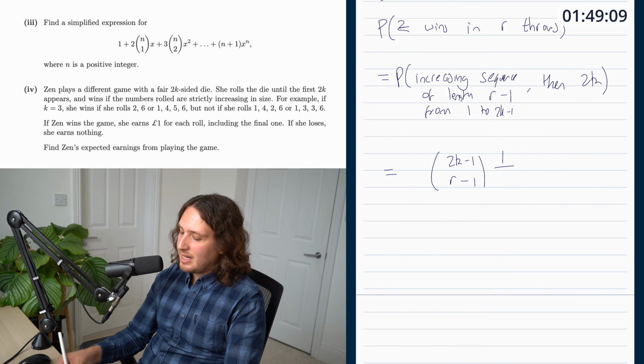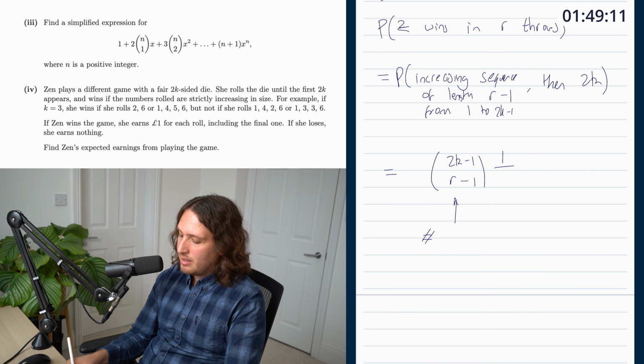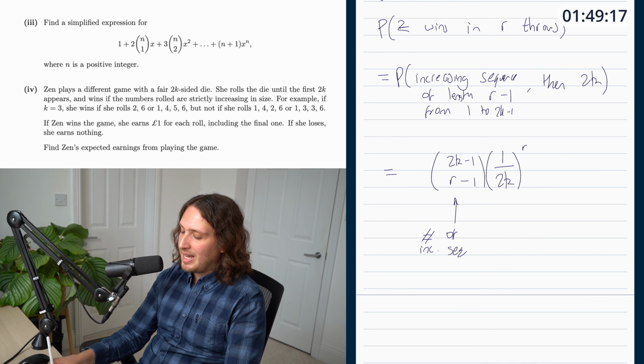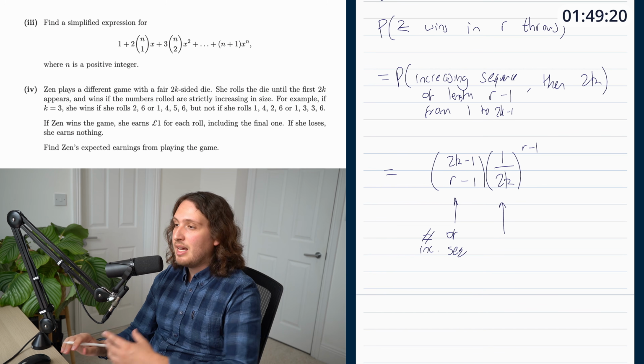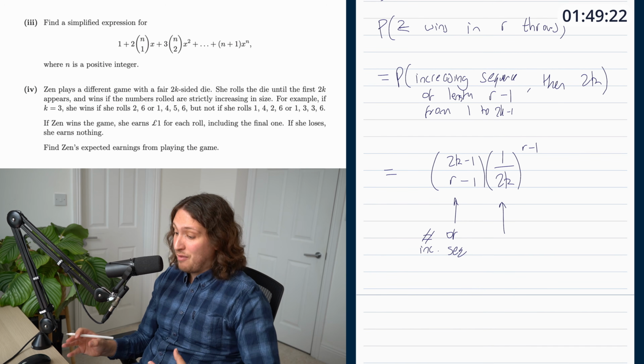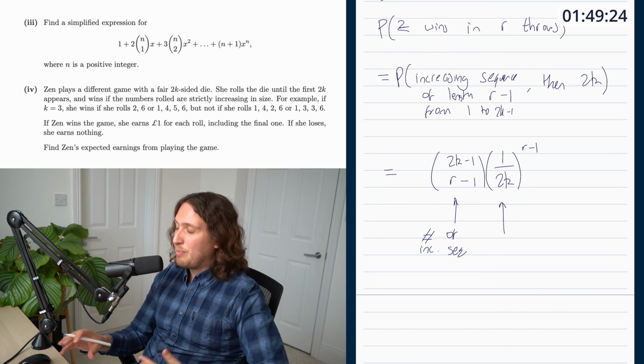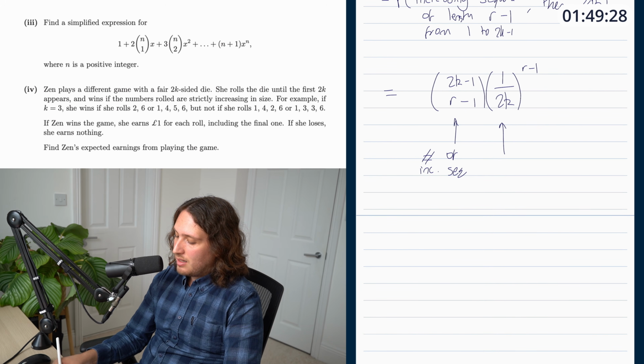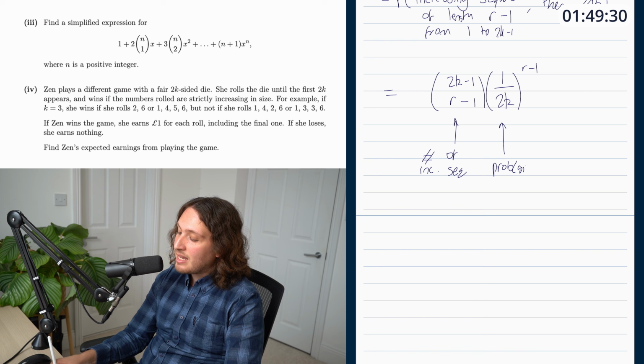And the probability, so this is the number of increasing sequences. The probability of a given increasing sequence of that length is obviously this, because I've got a prescribed outcome for every throw, and each score happens with probability 1 over 2k. So this is the probability of a given increasing sequence.